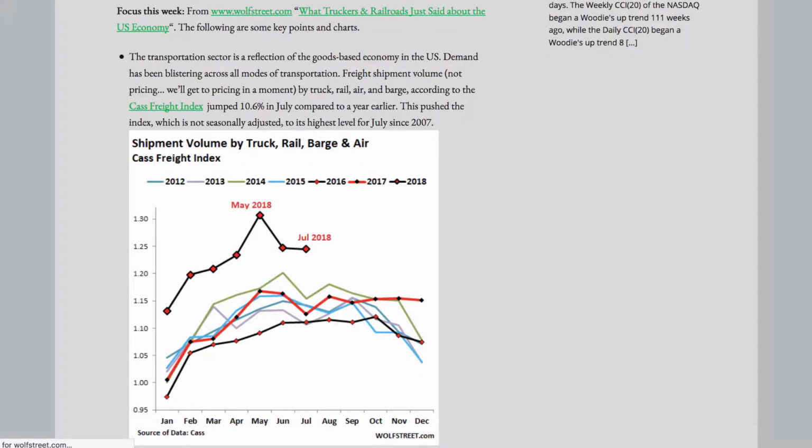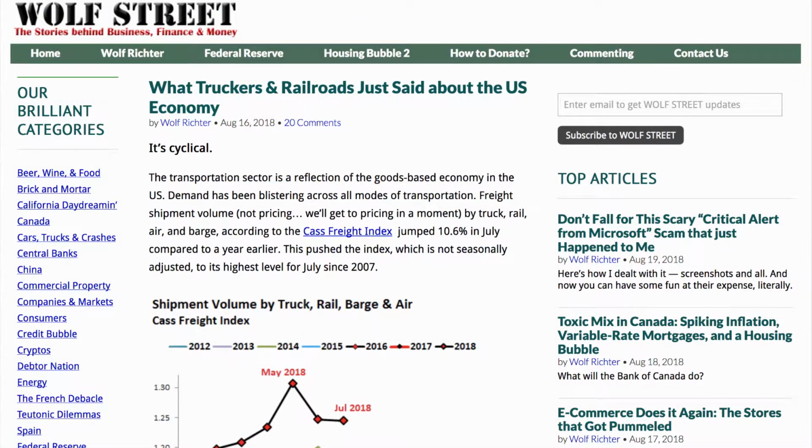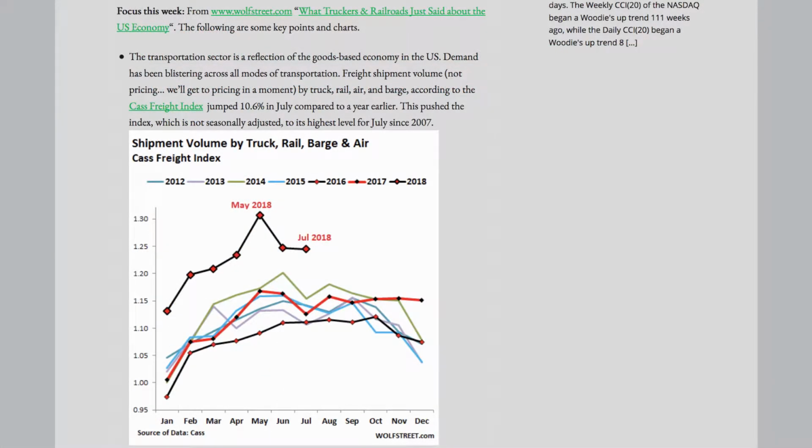Focus this week from www.wolfstreet.com. What truckers and railroads just said about the U.S. economy. The following are some key points and charts. The transportation sector is a reflection of the goods-based economy in the U.S. Demand has been blistering across all modes of transportation.